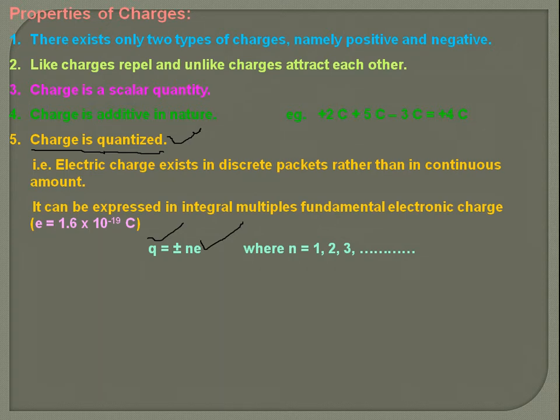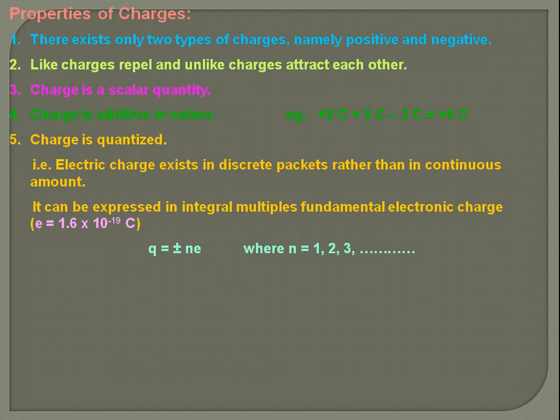The elementary charge value is 1.6 into 10 to the power minus 19 coulomb. If anyone asks you what is the charge of an electron, it will be negative. And if anyone asks what is the charge of a proton, your answer will be positive 1.6 into 10 to the power minus 19 coulomb. So this magnitude, 1.6 into 10 to the power minus 19 coulomb, is called the elementary charge, the basic charge.